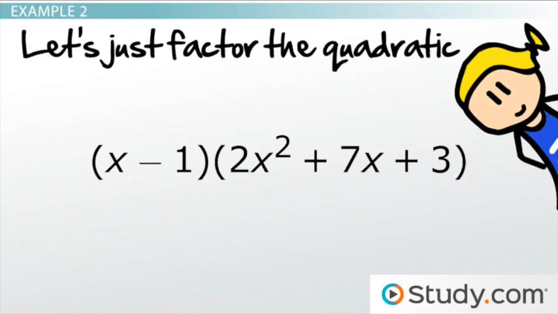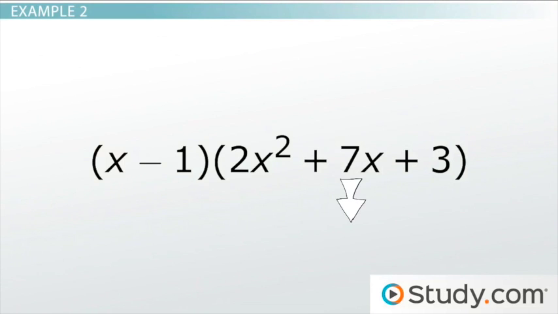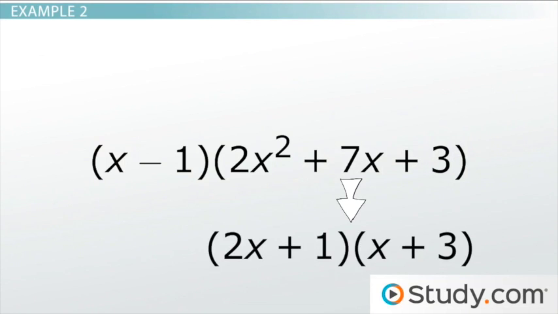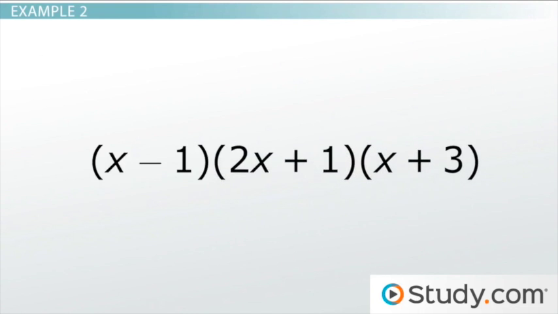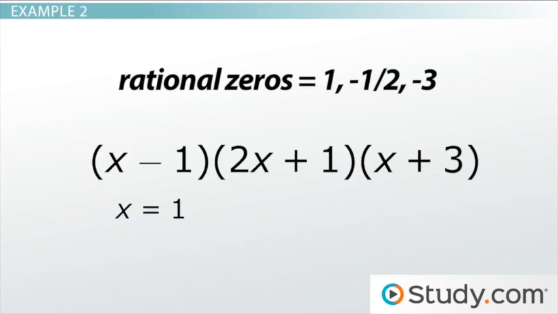However, it might be easier to just factor the quadratic expression, which we can, as follows. 2x squared plus 7x plus 3 equals 2x plus 1 times x plus 3. Let's add back the factor x minus 1. Using the zero product property, we can see that our function has 2 more rational zeros, -1/2 and -3.